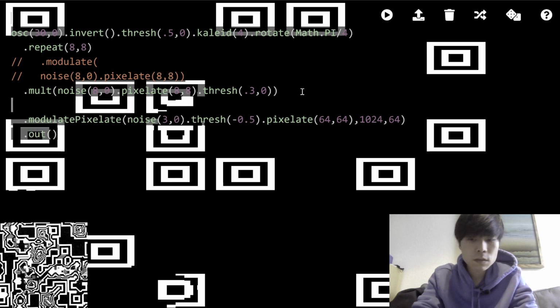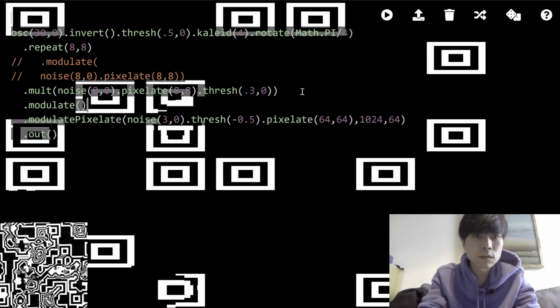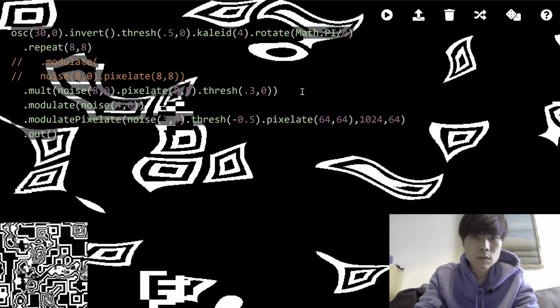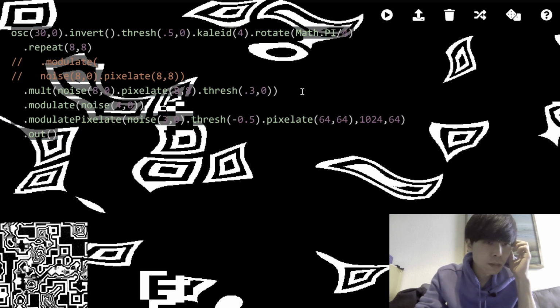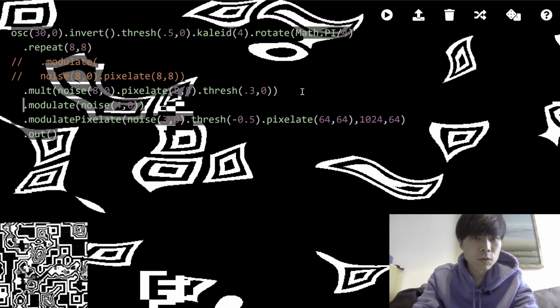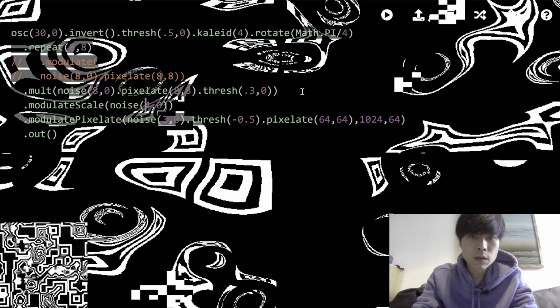Could be that I have to first modulate this thing with noise. No, because this applies globally. Modulate scale, but with the same pixelation.